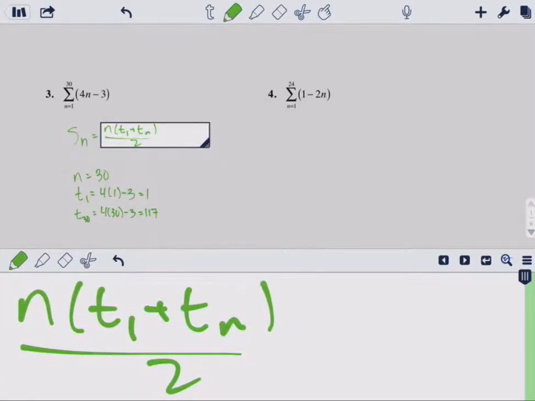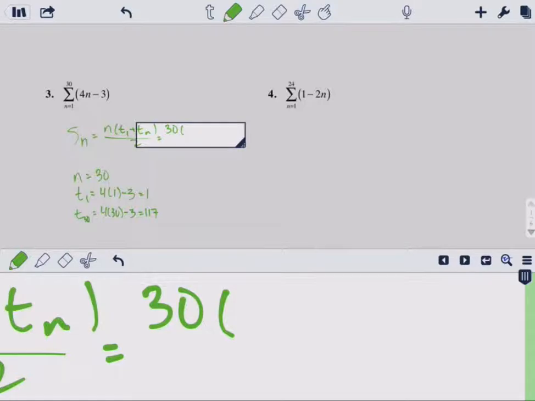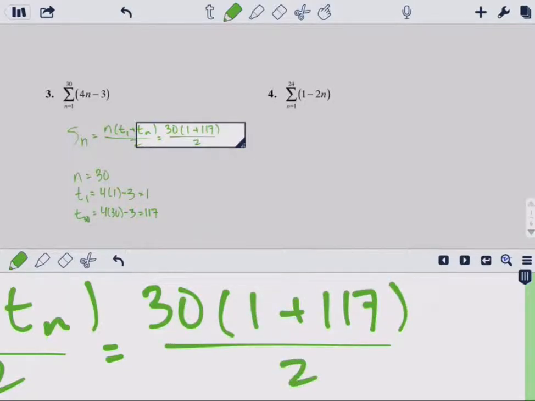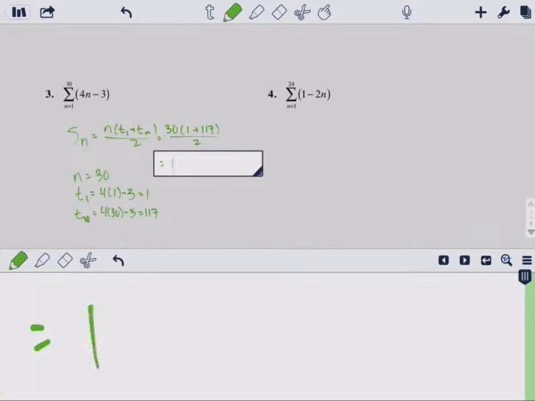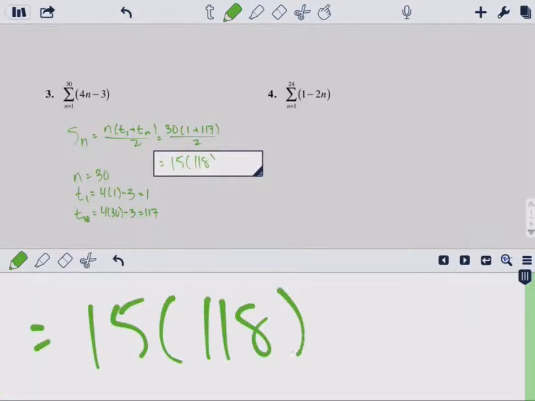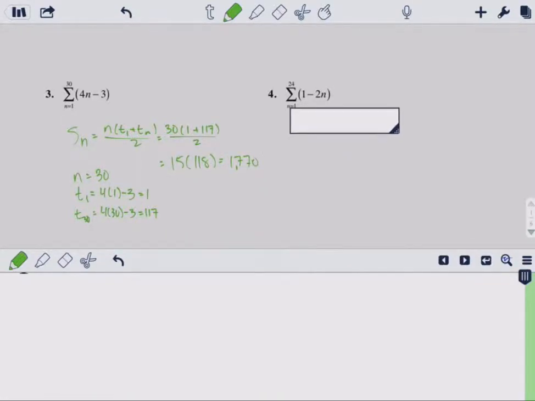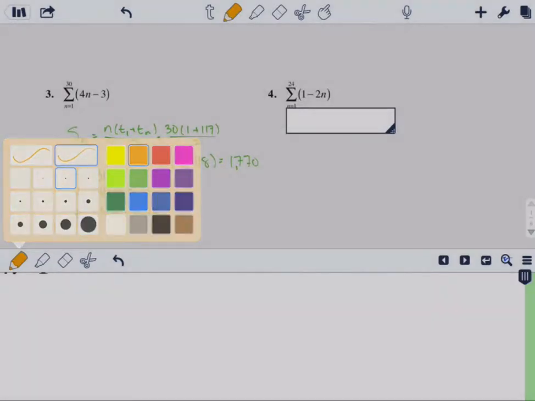Okay, and so we just plug in 30 times 1 plus 117 over 2. So that's 15 times 118. And that's equal to 1,770.